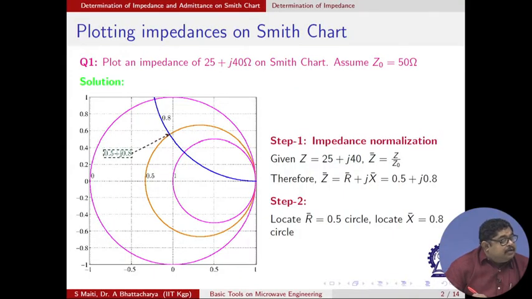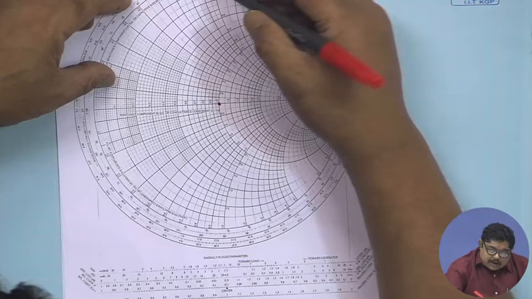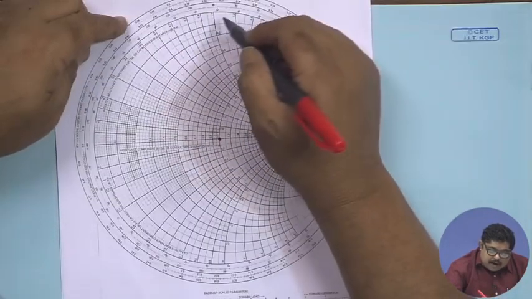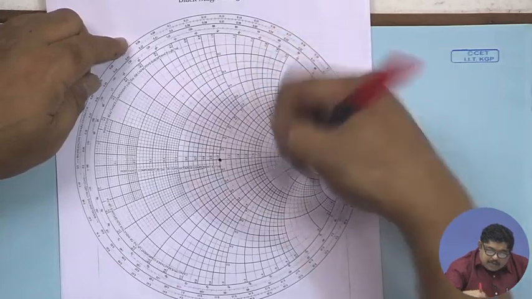Then you locate the constant reactance 0.8 circle. So, X bar is equal to 0.8, and you locate an arc. On those arcs the values are given at the inner side of the outermost periphery.